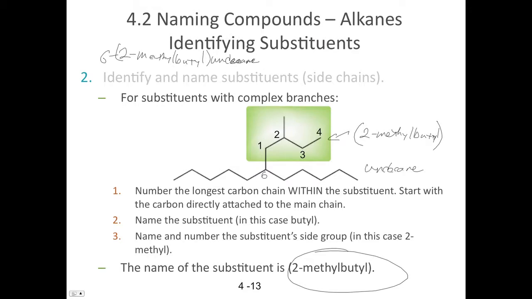I'm totally sorry, but this pad is terrible. So 6 corresponds to this 6. On carbon number 6, there exists 2-methyl butyl, and it exists on undecane, which is right here. So this is the official name of this entire molecule.